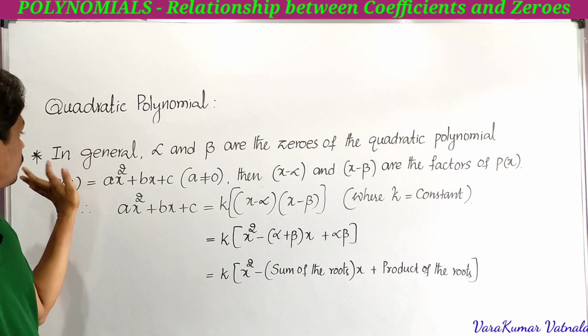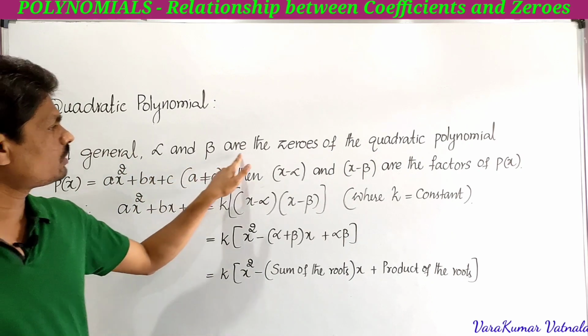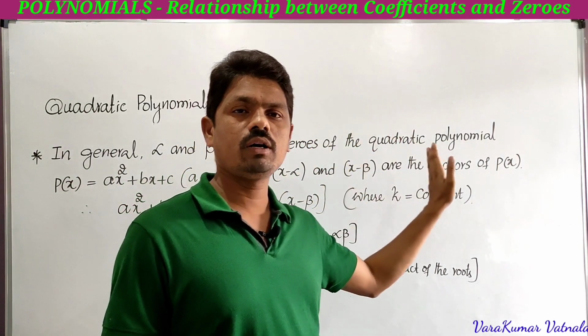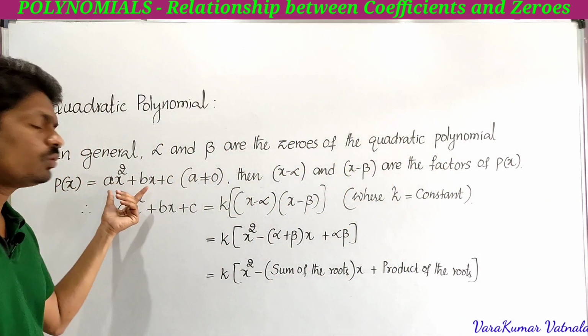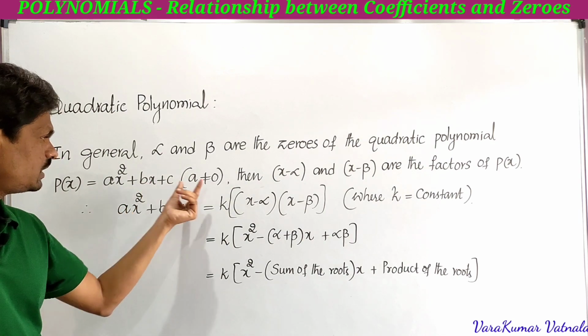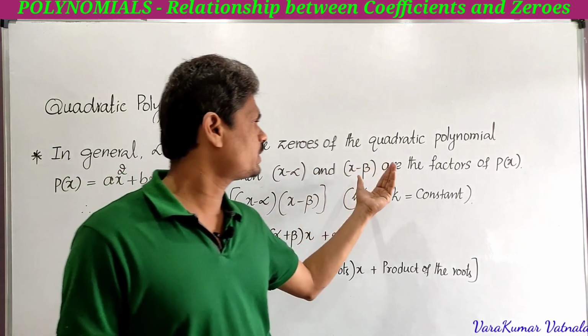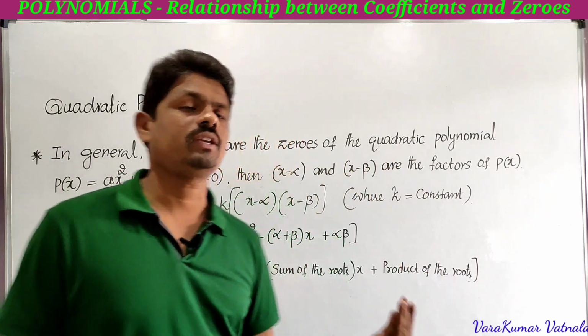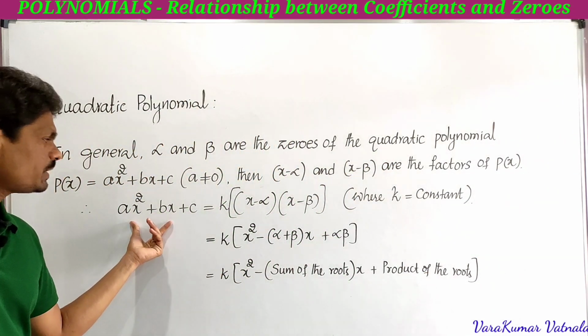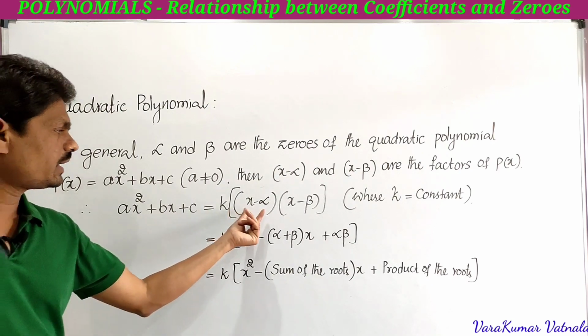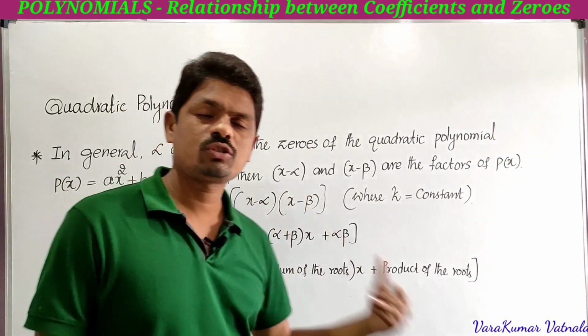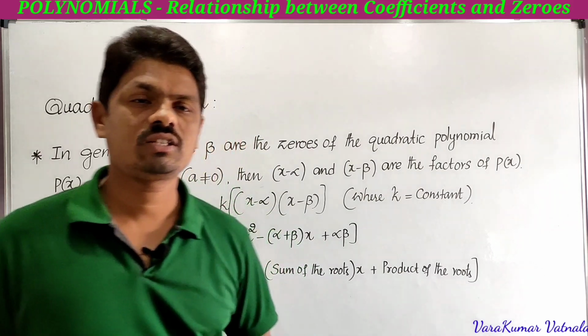See once again what I have written. In general, alpha and beta are the zeros of the quadratic polynomial P of x equal to ax square plus bx plus c, a is not equal to 0. Then x minus alpha and x minus beta are the factors of P of x. Therefore ax square plus bx plus c is equal to k into (x minus alpha) into (x minus beta), k is a constant.